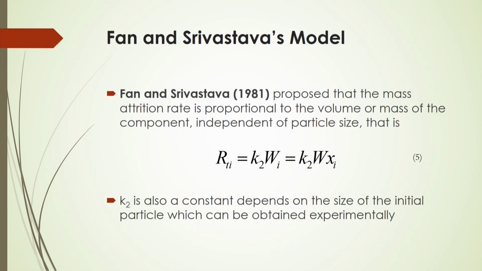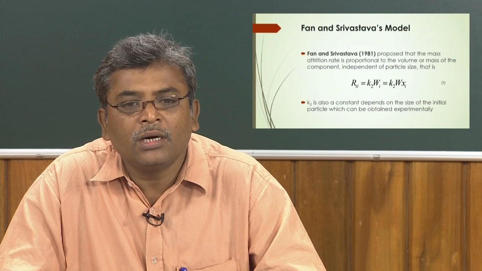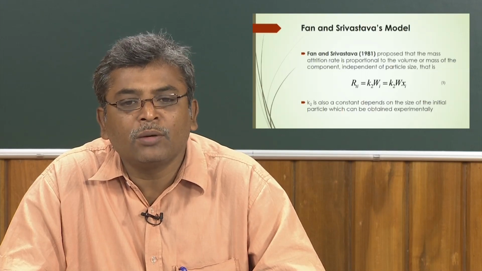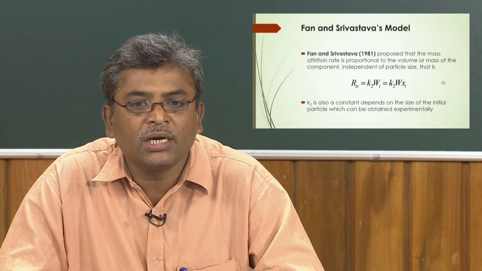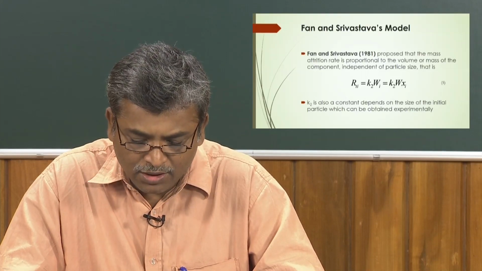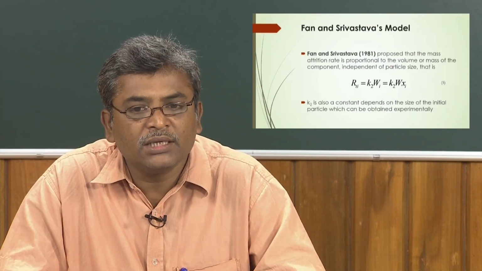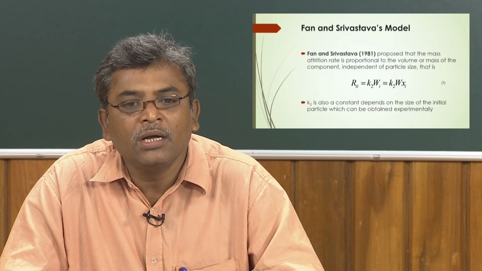Fan and Srivastava's model, as per their model, they proposed that the mass attrition rate should be proportional to the volume or mass of the component, which will be independent of particle size. So, it is very interesting that somewhere the model considers particle size, somewhere it is independent of the particle size, whereas it will be proportional to the volume or mass of the component.